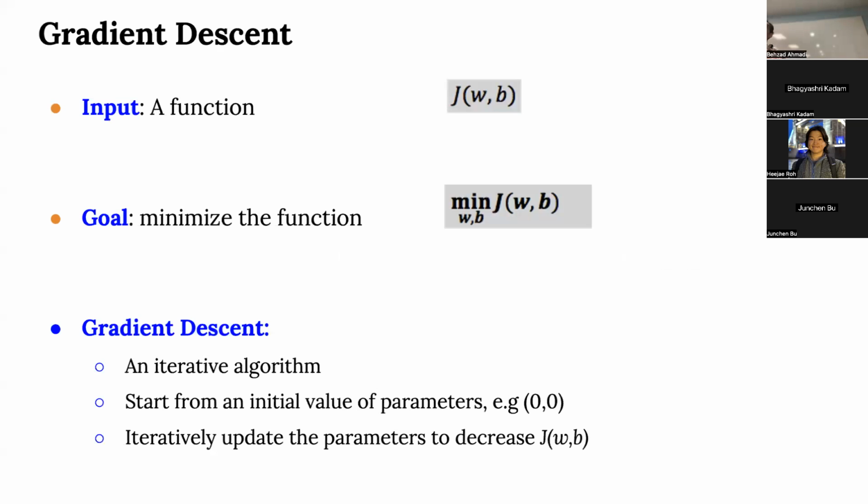We are going to explain in the next few slides the gradient descent algorithm, which is an iterative algorithm, meaning it's in multiple steps. It starts from a random point and gradually decreases J to a certain point. Then where do you stop? When J doesn't really change.